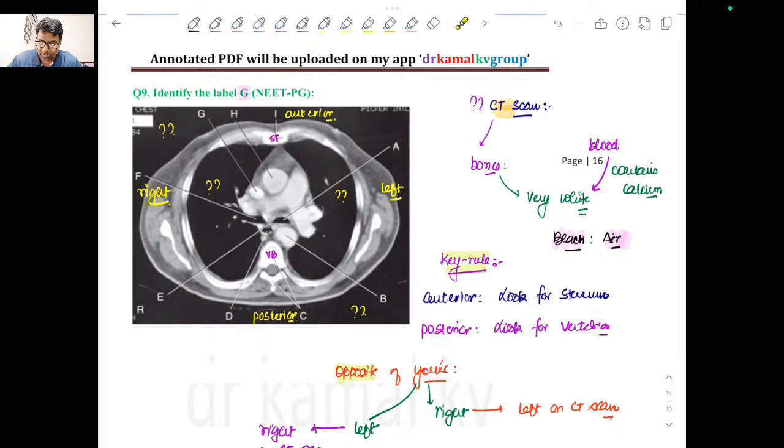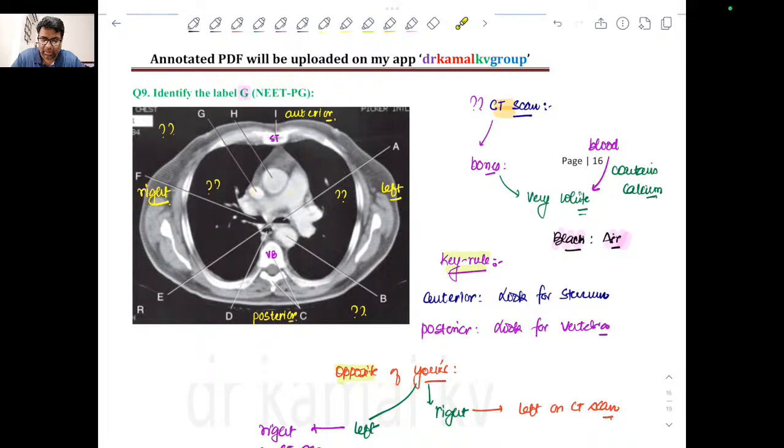Apart from this you can see some more black areas, so these are structures which have air. Then we can see some white areas, and white areas mean vascular structures.